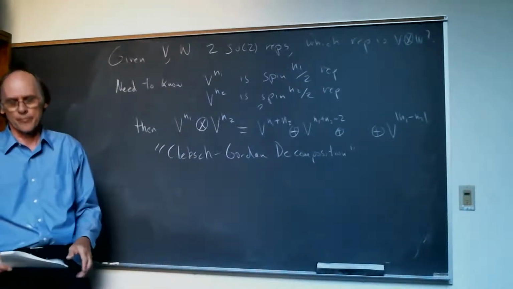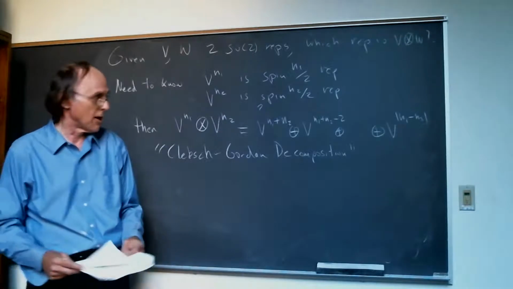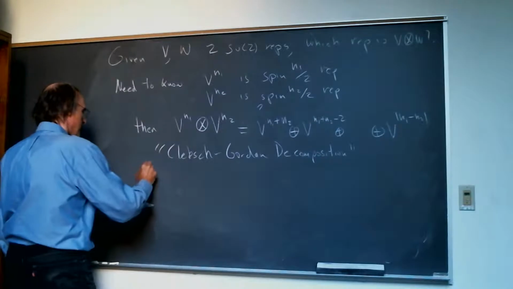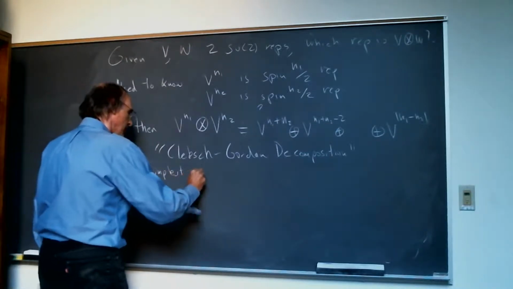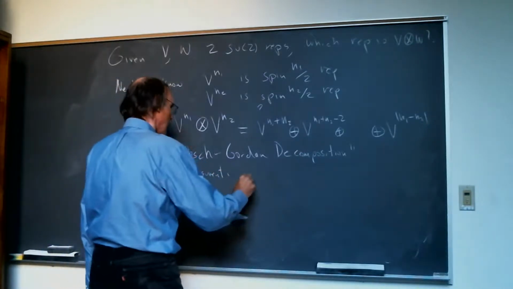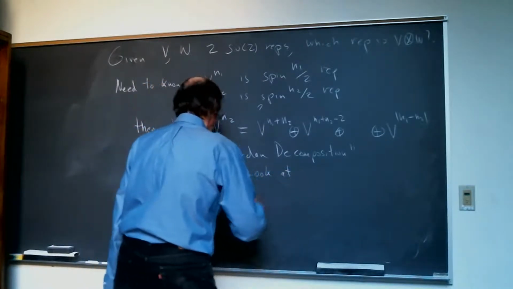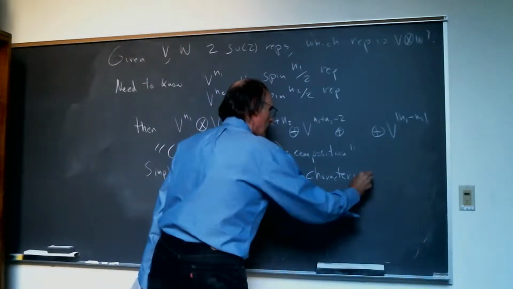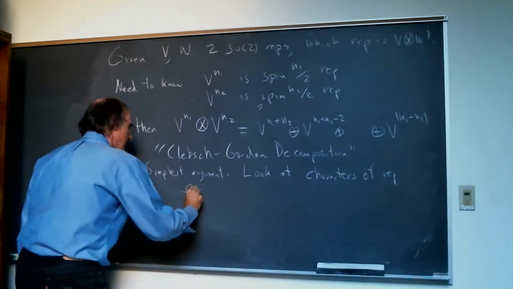You can do it. There's something I've run out of time to tell you about, but the simplest argument is to look at the characters of X, and these are functions.